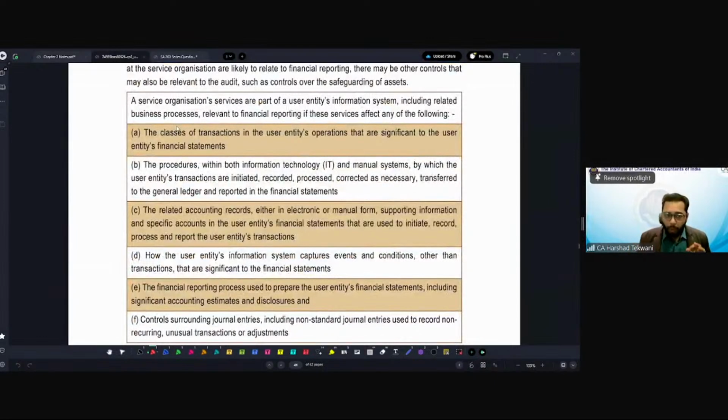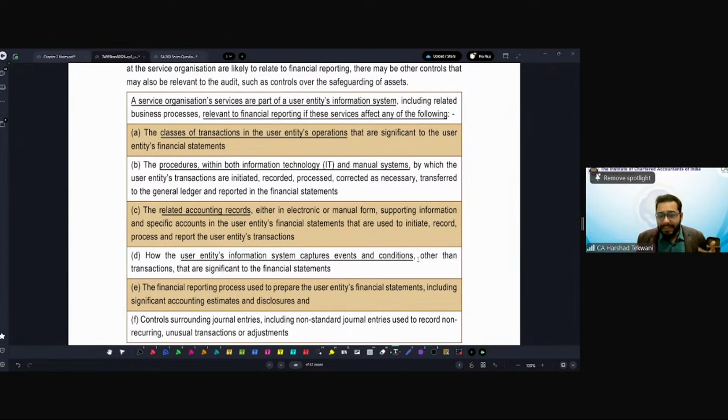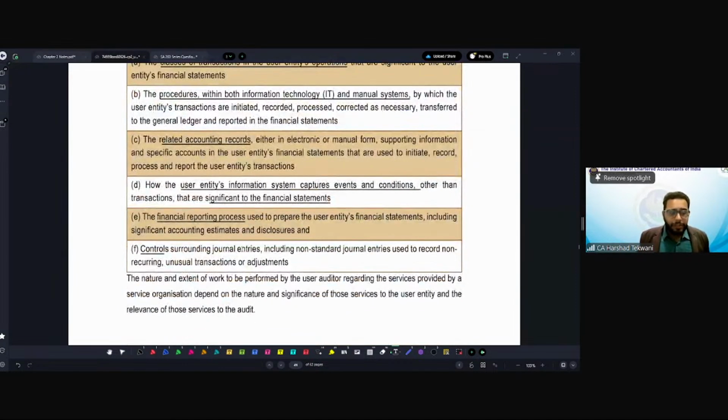What it says: service organization services are part of the user entity's information system and relevant to financial reporting if these services affect the classes of transactions in the user entity's operations, procedures within the information technology or manual systems, related accounting records, or the user entity's information system that captures events and conditions significant to the financial statements, or it is impacting the financial reporting process or controls surrounding journal entries.